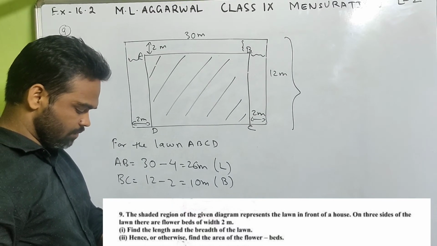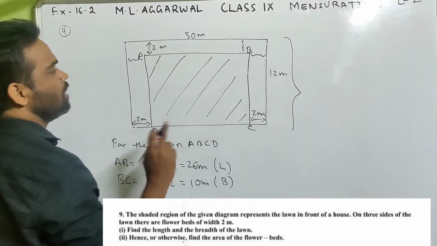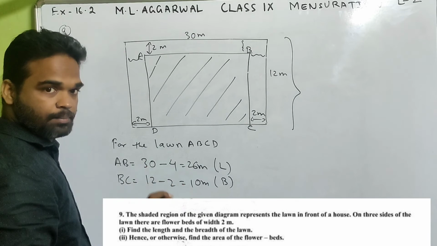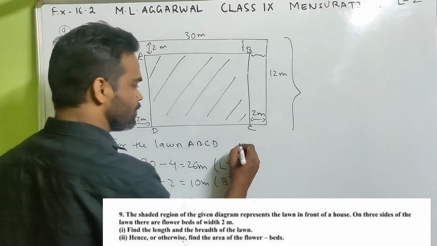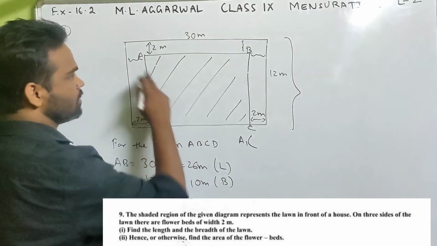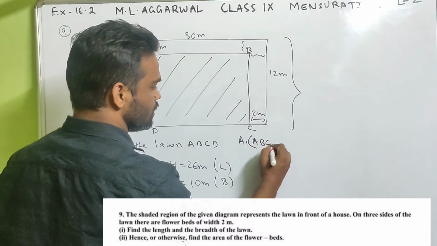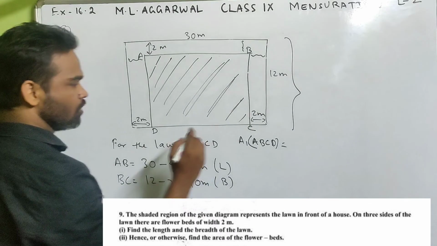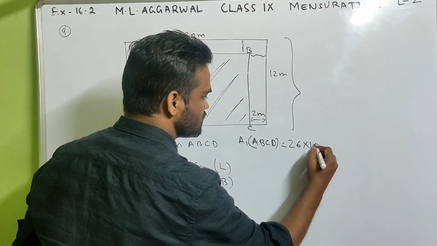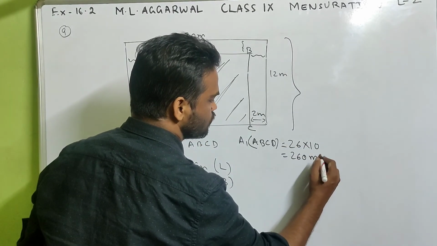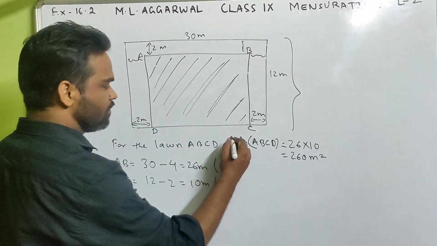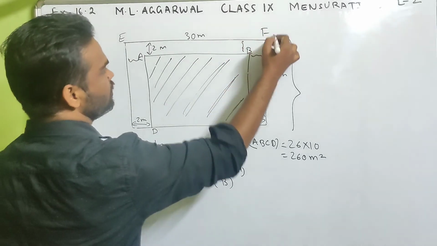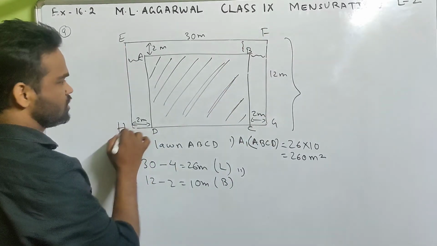Okay, find the length and the breadth of the lawn. Hence or otherwise, find the area of the flower bed. Now, area of the flower bed means the portion which is not shaded. Simple. Area A1 of, suppose, ABCD. ABCD is a rectangle, this lawn whose length is 26 and the breadth is 10. So that's 260 meters square. Now look carefully. The bigger rectangle, suppose EFGH.